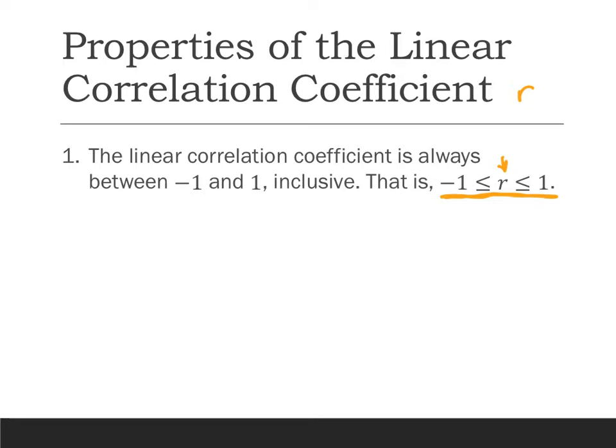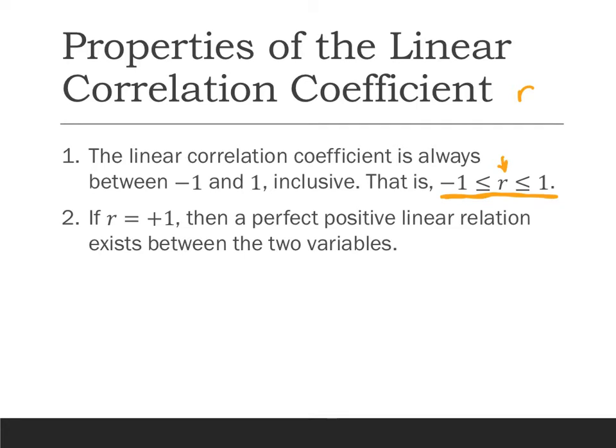So what are our two extremes when we're dealing with a linear correlation coefficient? Well, the first extreme, the positive one: if R is equal to +1, then a perfect positive linear relationship exists between the two variables. So what would this mean? Well, this basically means that our data makes a perfect line, not almost a line.